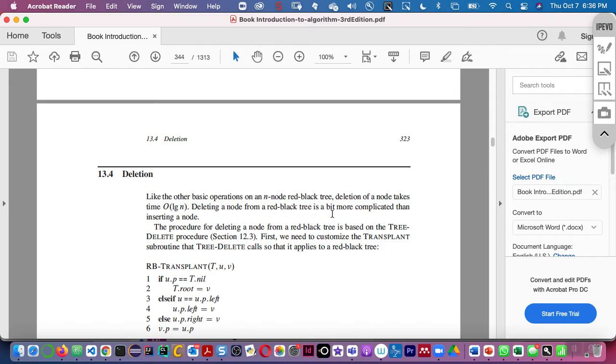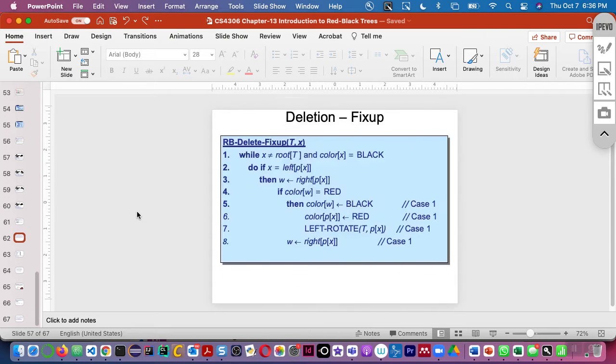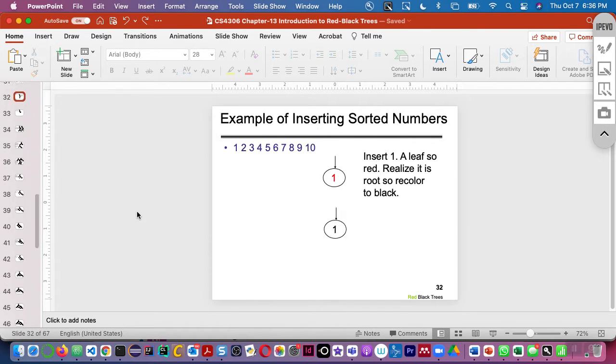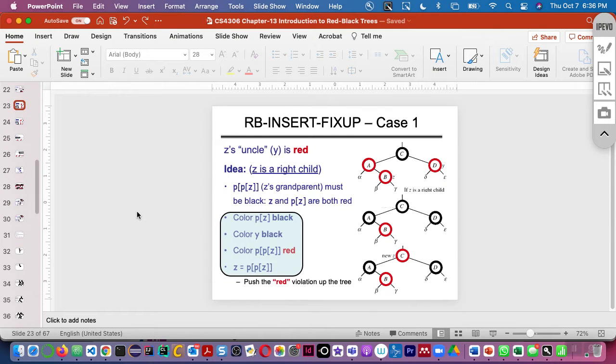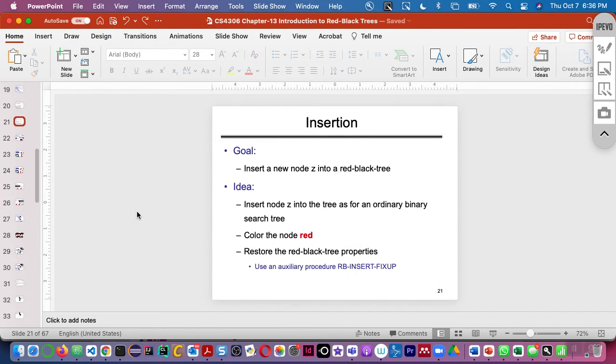So what did we discuss in our last lecture? We are discussing the red black tree. A red black tree is a binary search tree, definitely a self height balanced binary search tree.